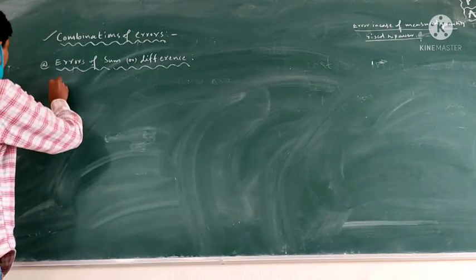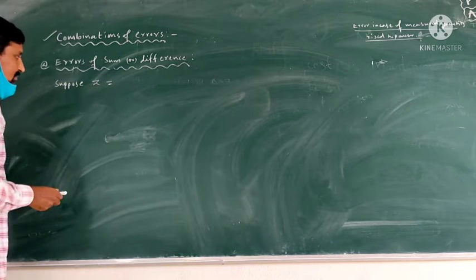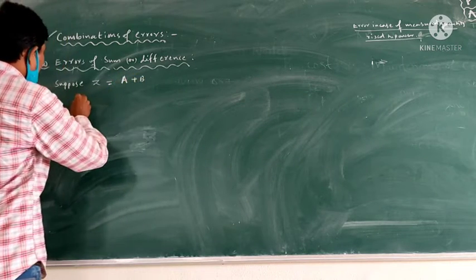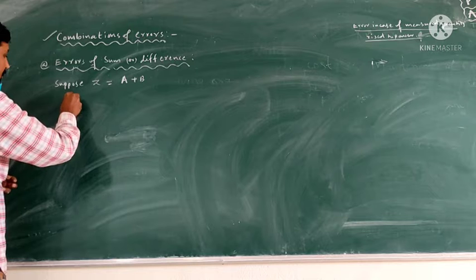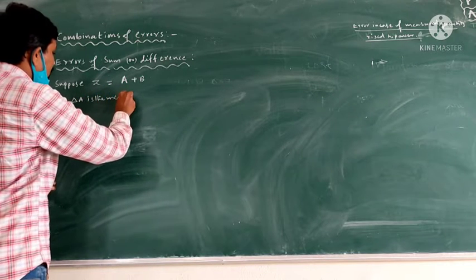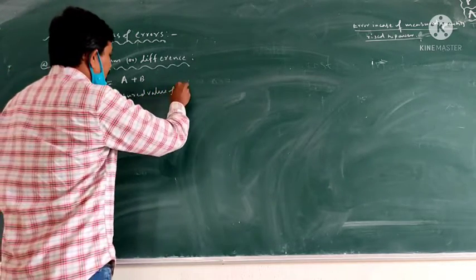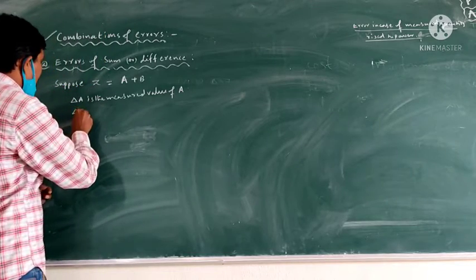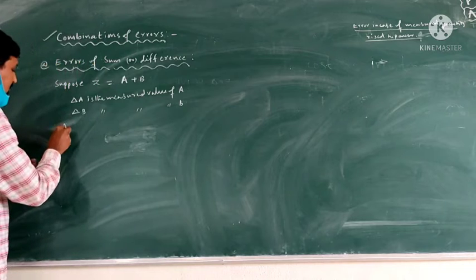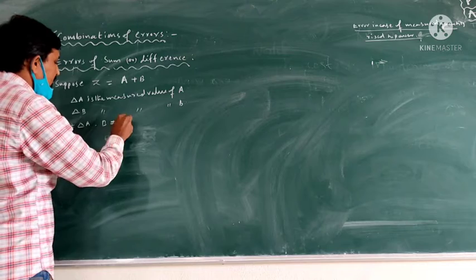Suppose we take one physical quantity, Z is equal to A plus B. Here delta A is the measured value of A, and delta B is the measured value of B. So the absolute errors are A plus or minus delta A and B plus or minus delta B.